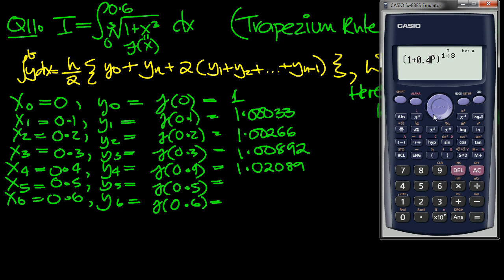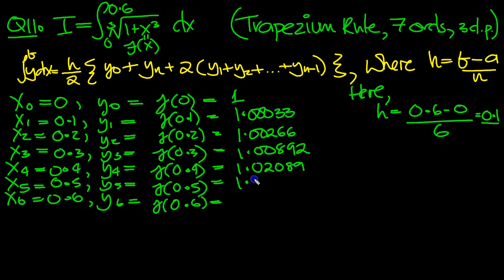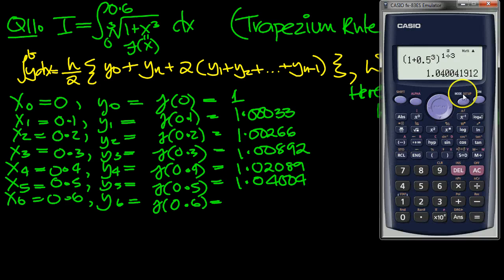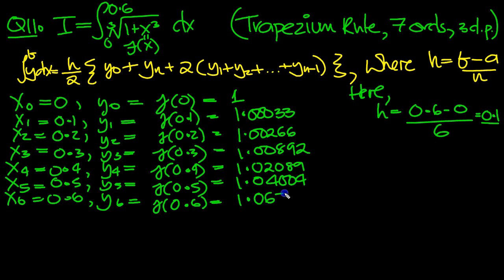So we should rattle through these fairly straightforwardly. 1.04004. And then the last one, 0.6, put in 0.6. Tap that in. 1.06736. There we are. So now we can work out the integral according to the trapezium rule.